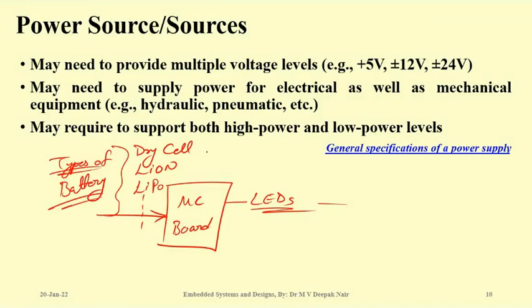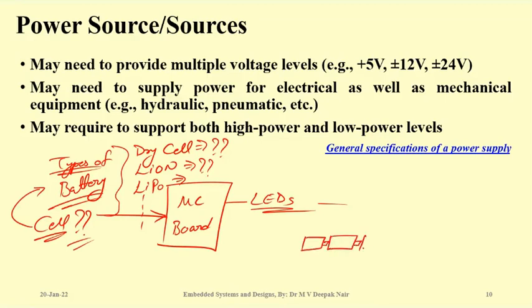So do you know what the specifications of these particular batteries are, or what is the difference between a battery and a cell? A collection of cells is known as a battery. Battery is nothing but a collection of cells. So when you have this kind of structure, you call it a battery, and this is a cell.